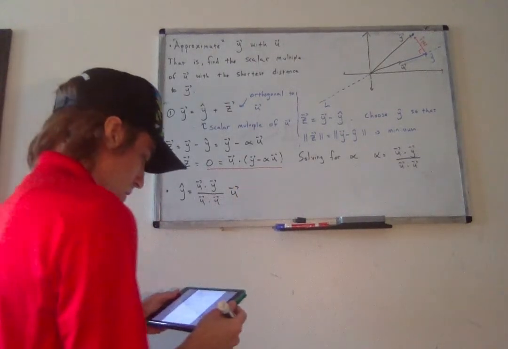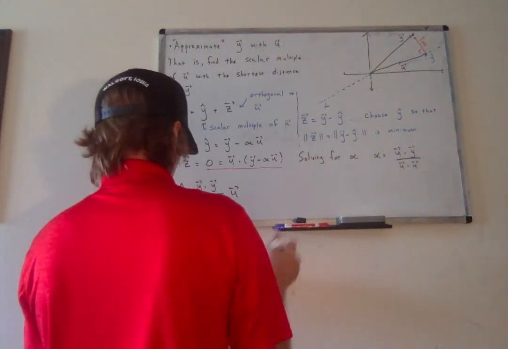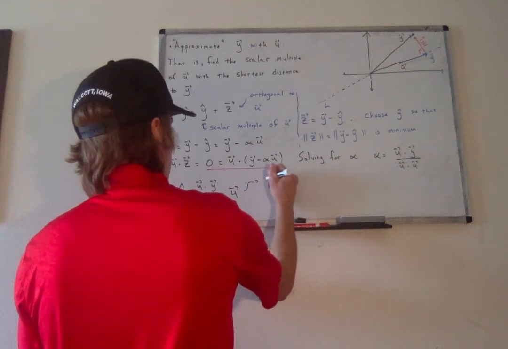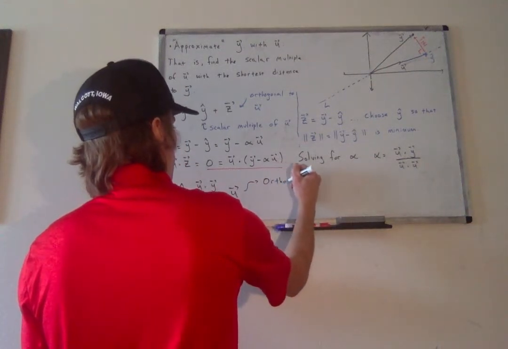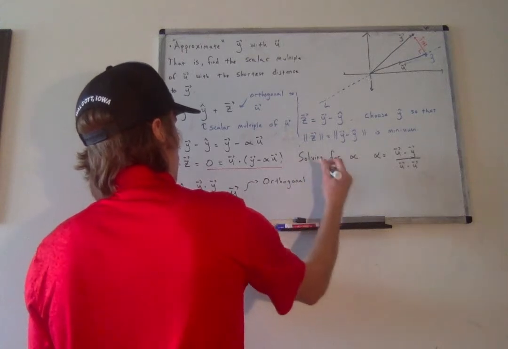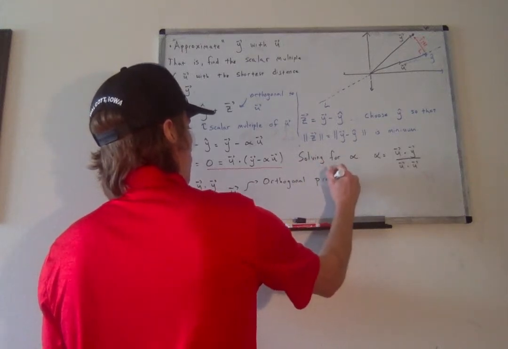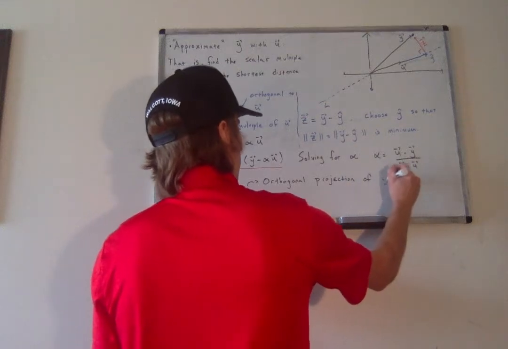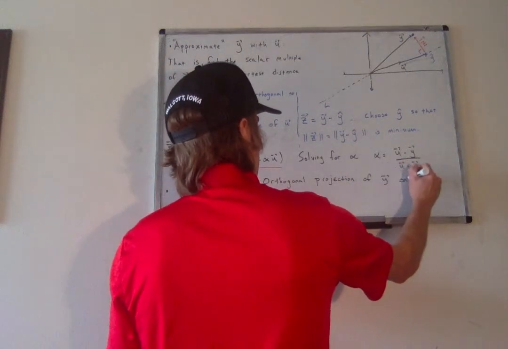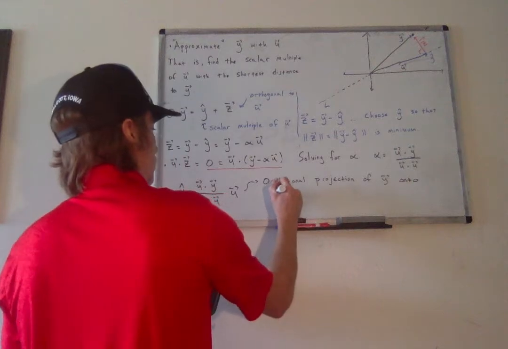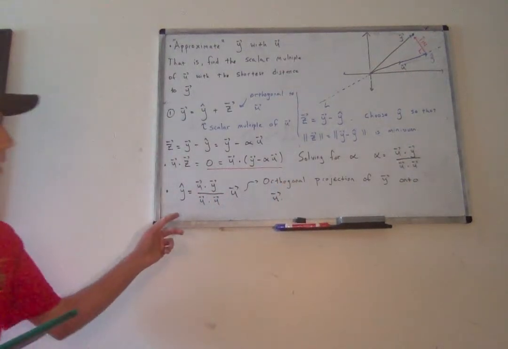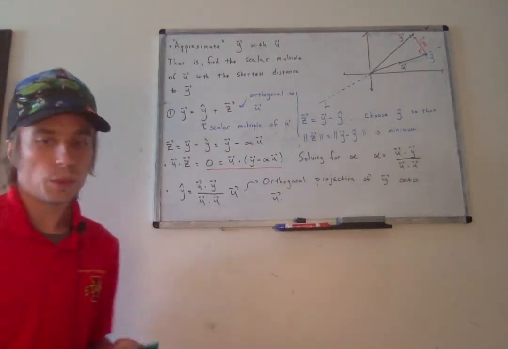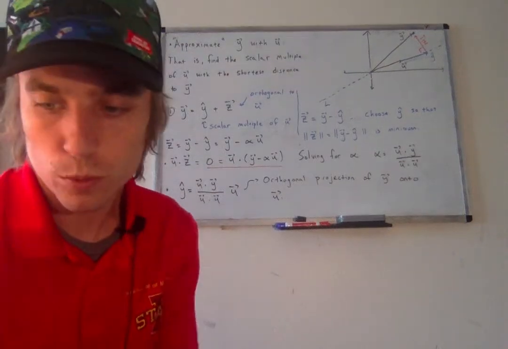And so this is called the orthogonal projection of y onto u. And we've got some more notation for this sort of thing in a bit, but I want to talk a little more about what we just found.